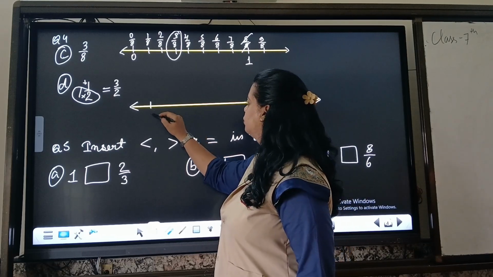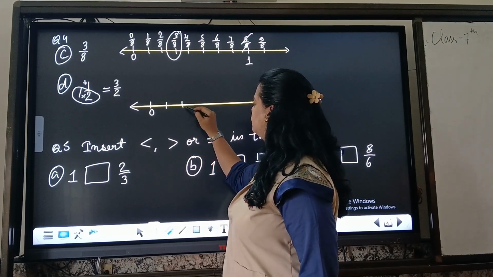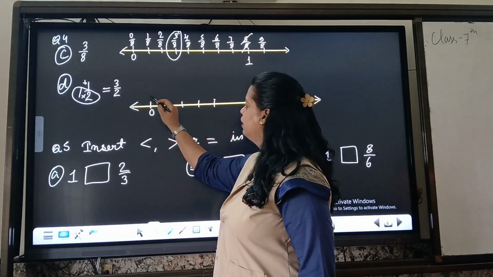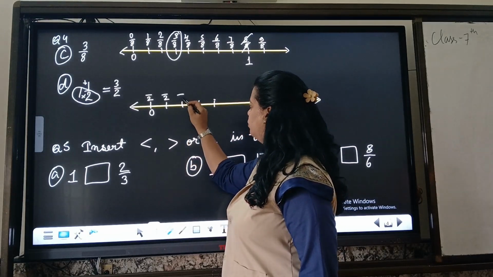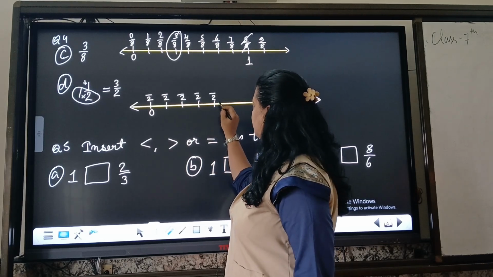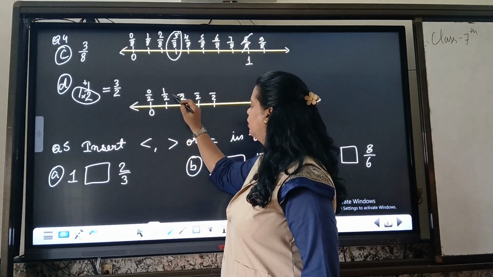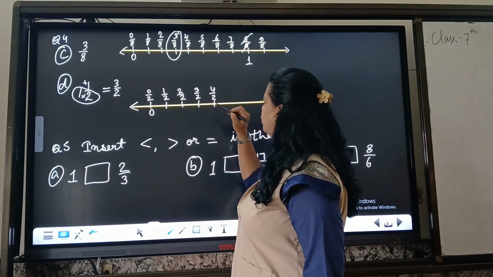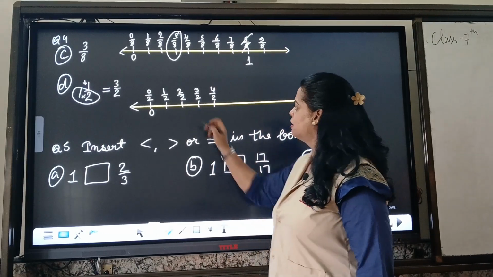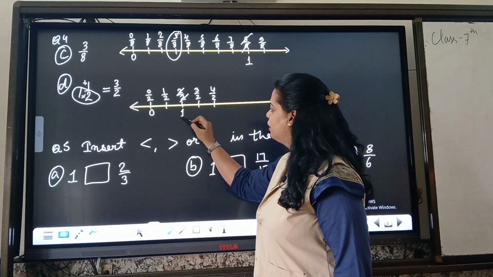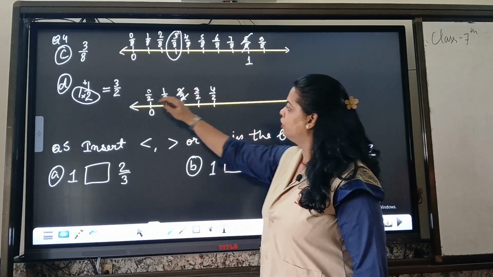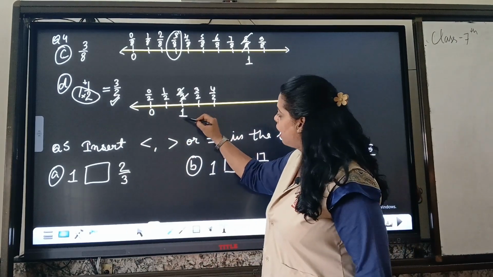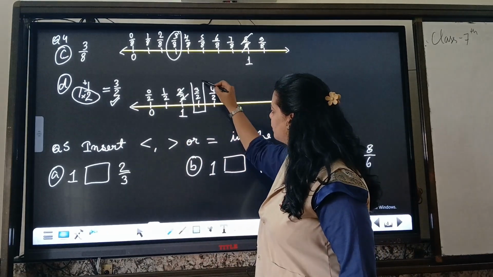I am marking here 0, then 1, 2, 3, 4. So, here I will write denominator 2, same denominator everywhere I will write, and here 0 upon 2, 1 upon 2, 2 upon 2, 3 upon 2, 4 upon 2. Now, you notice 2 and 2 will cancel and we will get 1, and here 3 upon 2, the required number which we are going to represent on the number line, is lying after 1, and here it is.